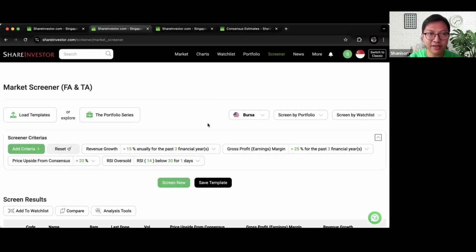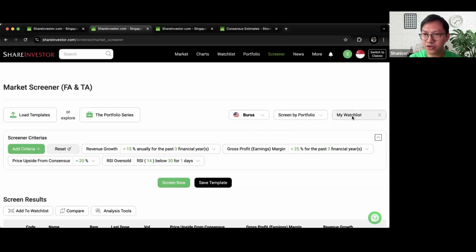Okay, another part of this screener is that you can screen based on your portfolio or watch list. Let's say you have quite a few stocks populated inside your watch list, and you want to do further screening based on criteria, to further streamline your watch list and opportunities. You can do so.